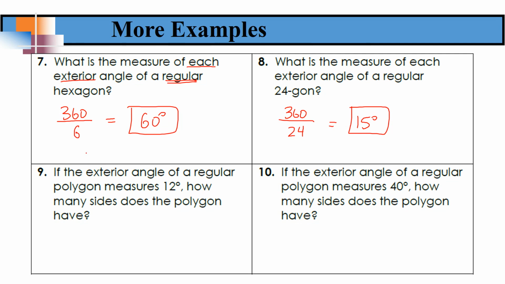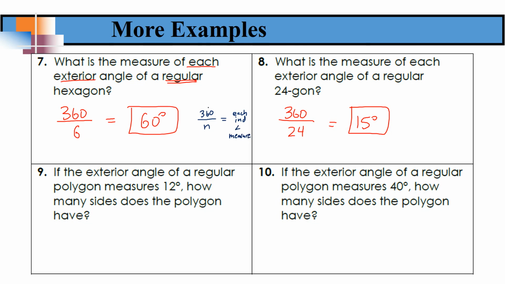In number 9, it says, if the exterior angle of a regular polygon measures 12 degrees, how many sides does the polygon have? Well, think about the approach we just took earlier. We took 360, we divided by n, the number of sides, and that gave us each individual angle measure.